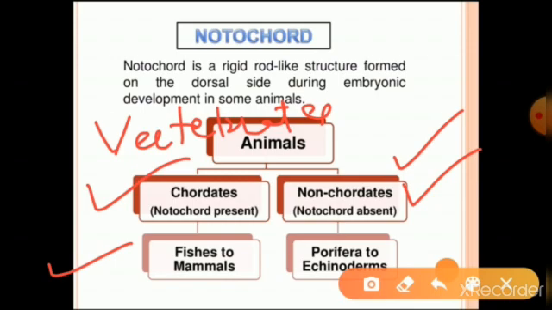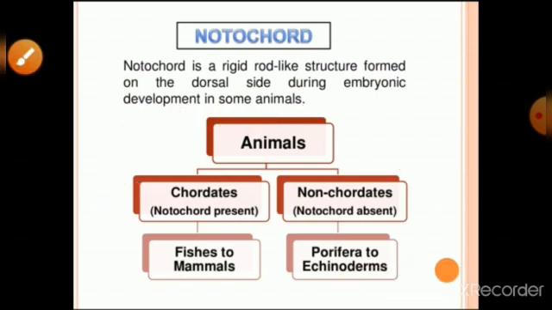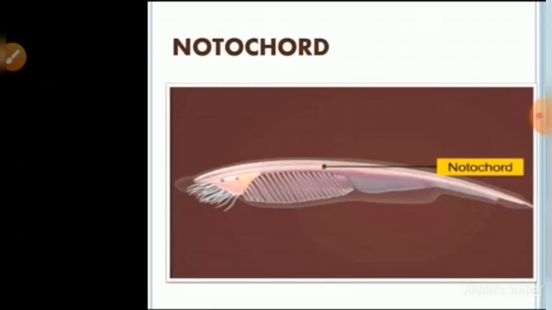Whereas in non-chordates the vertebral column is absent. So chordates are also known as vertebrates, and non-chordates are known as invertebrates. So depending upon the presence of this notochord, the kingdom Animalia is divided into two groups, chordates and non-chordates.